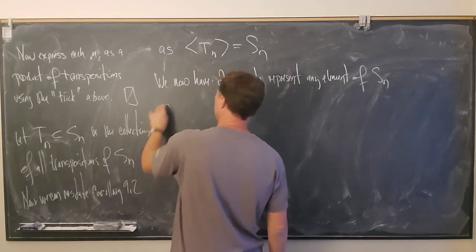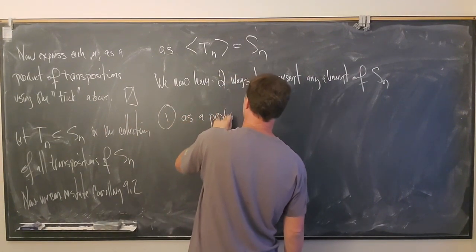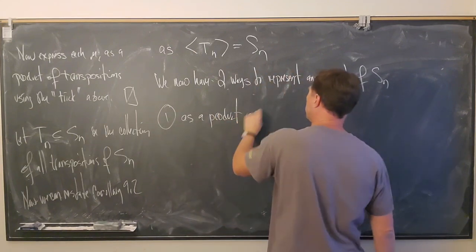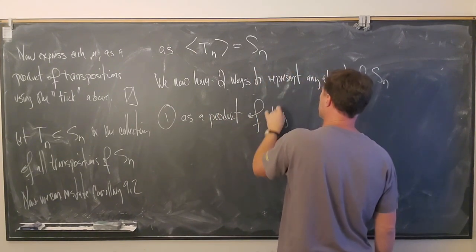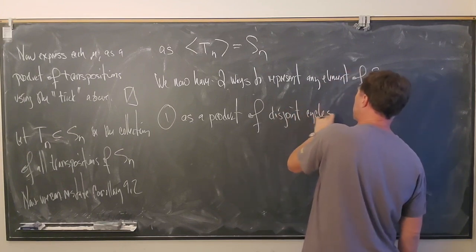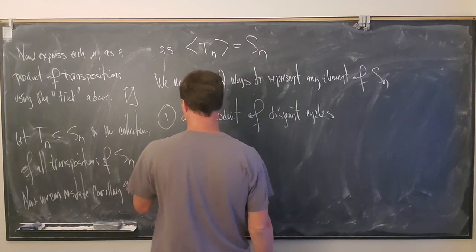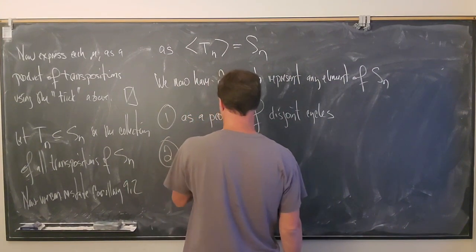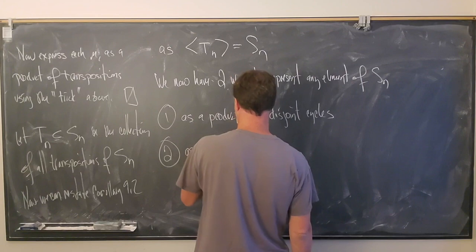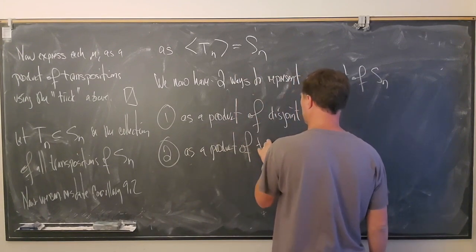So the first one, right, as a product of disjoint cycles, and then the second one as a product of transpositions.